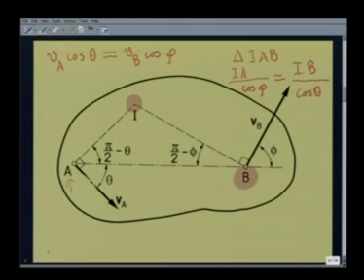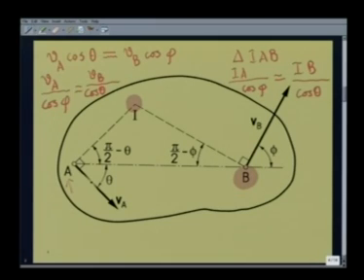So, we get from this equation Va divided by cos phi is the same as Vb divided by cos theta, and from the geometry we get IA by cos phi is the same as IB by cos theta.